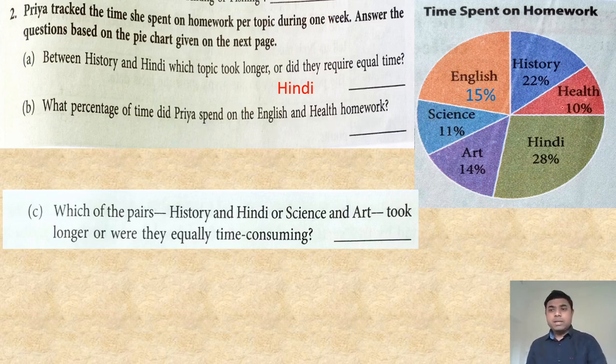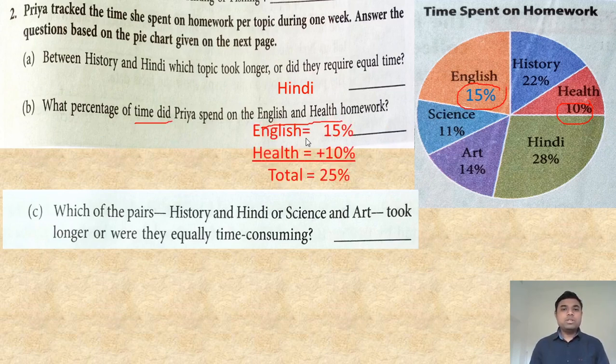Just see here, health 10% and 15% for English. So what percent of time on both? Just write for English 15%, for health 10%. So total 25%.